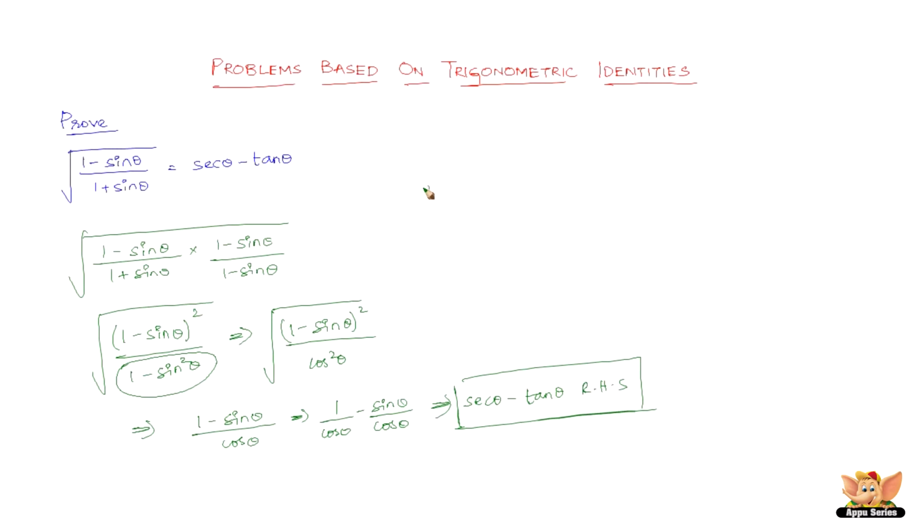That comes from sine square theta plus cos square theta equals 1. So we've got cos square theta as 1 minus sine square theta, and I've replaced 1 minus sine square theta by cos square theta here. That's all I've done. Once you do that, you can remove the square root, because square root of something squared is the same thing. So let's quickly solve another problem.